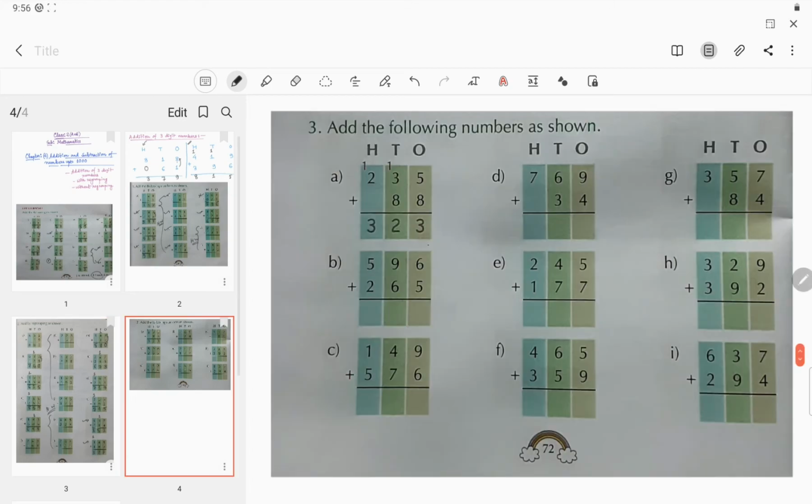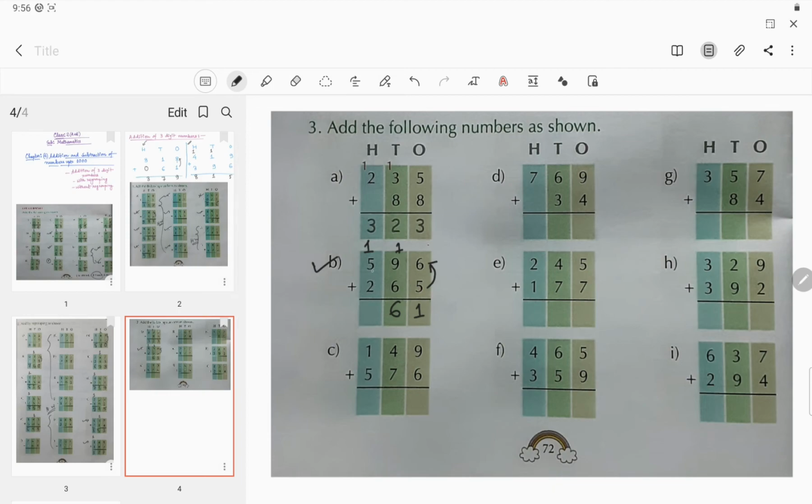Now the next part, here in this question we have to regroup 2 times, such as I'm taking question number B. 5 plus 6 is 11, so you have to put 1 here and 1 will be carried over. Now 9 plus 6 is 15, 15 plus 1 is 16, so 16 tens, that means again 1 will be carried over.